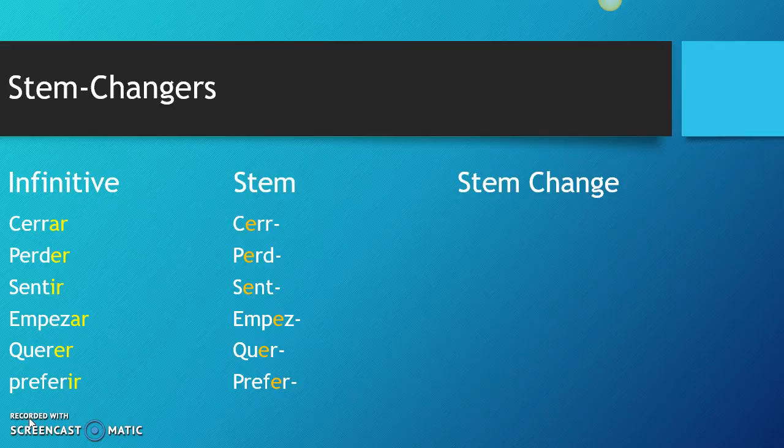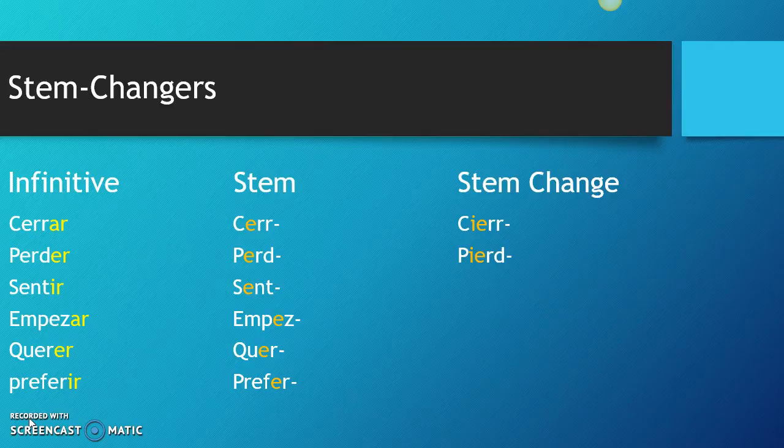We know how to get our verb stem from our infinitive form. Now it's time to review changing the E in the verb stem to an IE. Our verb stem cerr will change to cierr. Our verb stem perd will change to pierd.